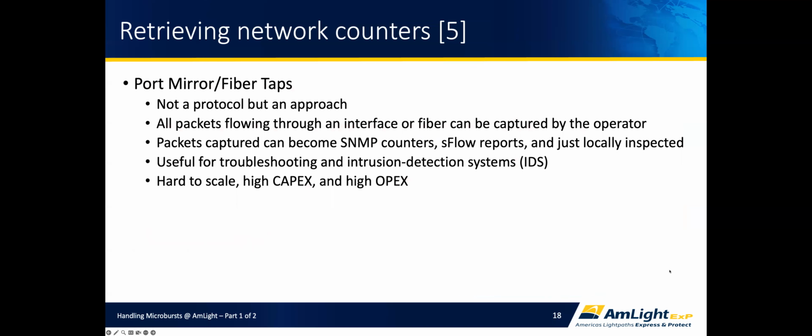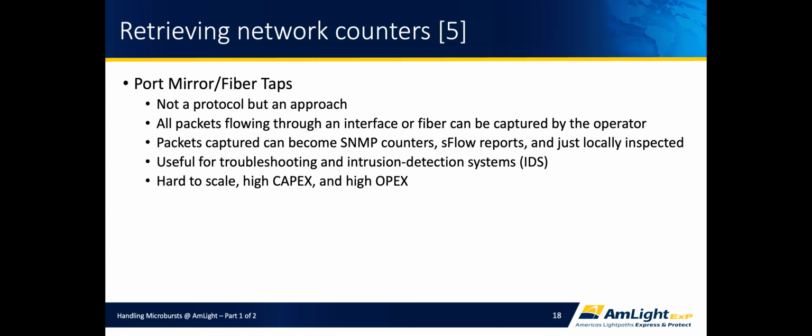Obviously, there are other technologies like port mirroring and fiber taps. They are not a protocol, but more like an implementation. They create a copy of every packet sent to this port mirror port or fiber tap device, and from there you can do intrusion detection systems, protocol troubleshooting, or turn those into SNMP counters or sFlow reports, or just play with those.